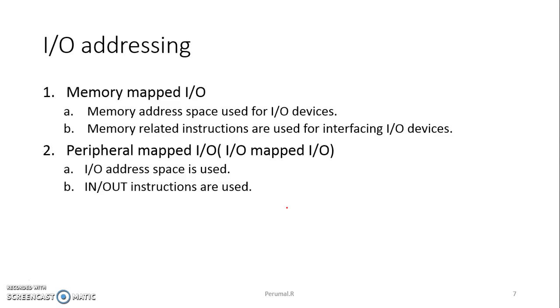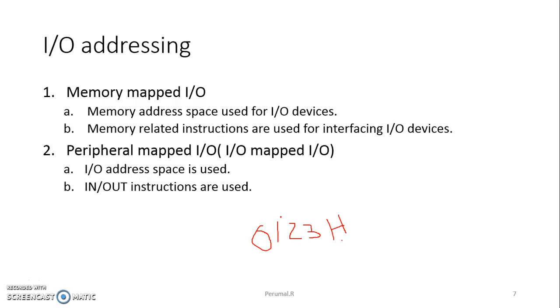For example, we can have the address 0123H used for connecting a DIP switch. Out of the 64 kilobytes of memory locations, we can choose any one memory location for connecting the device.